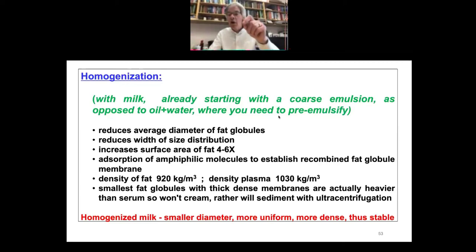So it's a combination of stabilizing the surface of the droplet with added protein and increasing the density that leads to stability of the homogenized milk. So: smaller diameter, more uniform size distribution, and more dense.